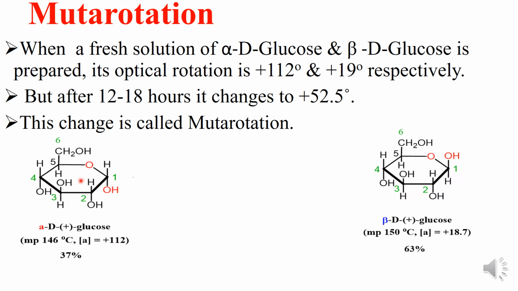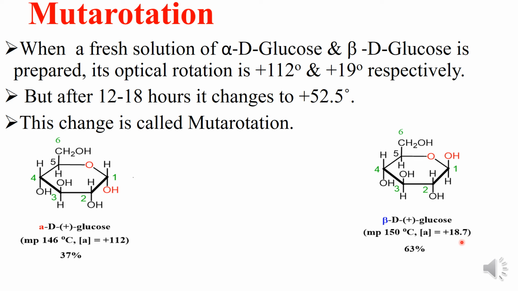Now you can see here that this is alpha D glucose which has a rotation of plus 112 degrees. It is a plus form, and the beta D glucose also has a rotation of plus 18.7 degrees as shown in this figure.